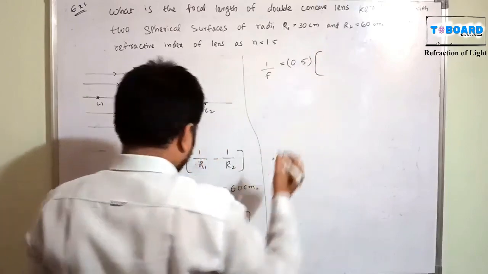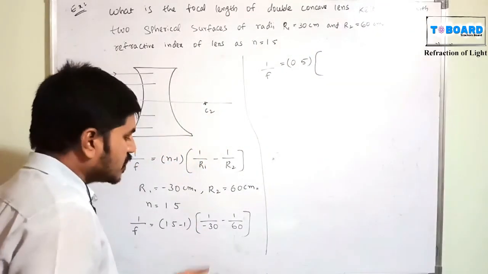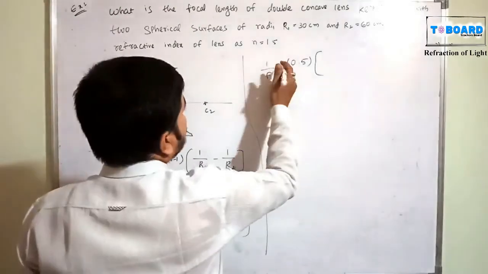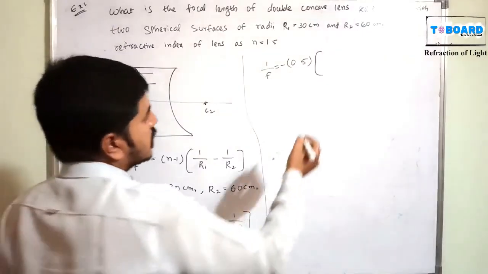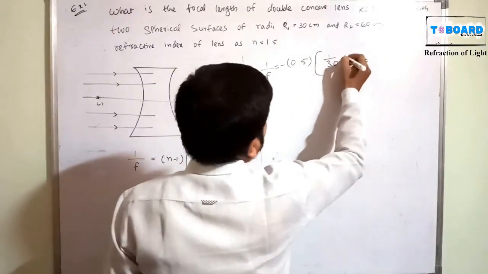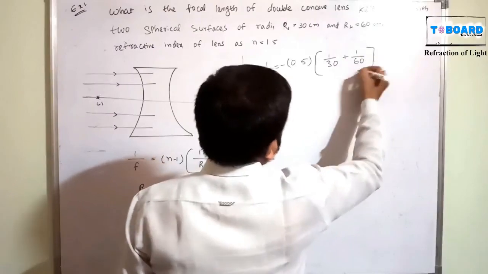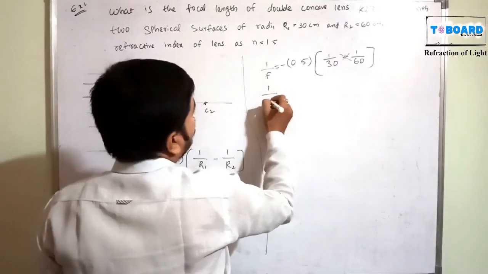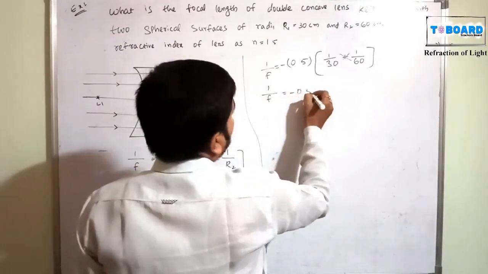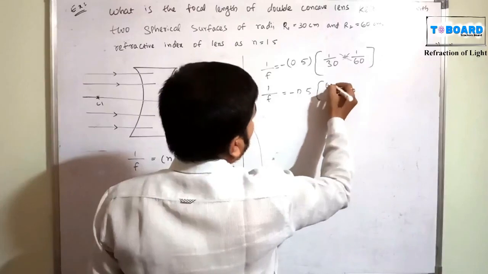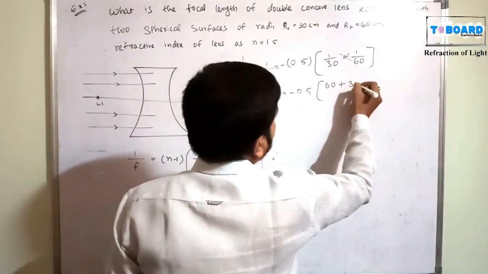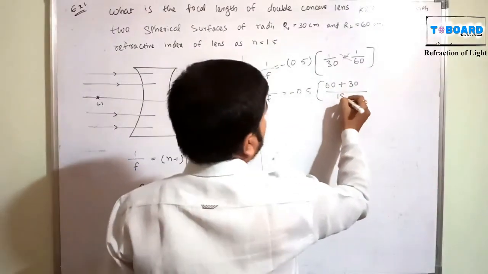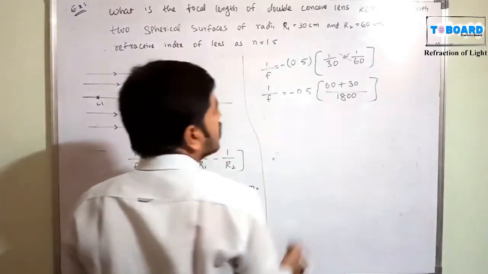Here 1 by minus 30, so just take a common minus: 1 by 30 plus 1 by 60. You can take the LCM or otherwise cross product. 1 by f is equals to minus 0.5 into (60 plus 30) divided by 1800.